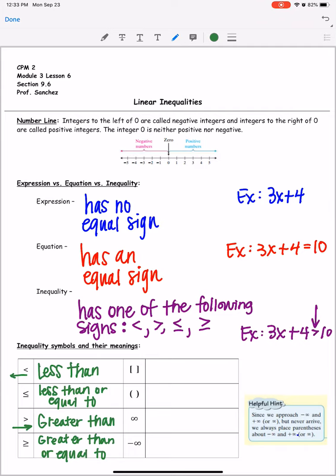So here we have brackets, and when we get into graphing these, our brackets go with these ones with the lines under them. That's going to go with your greater than or equal to and less than or equal to. I said those backwards, but it goes with your less than or equal to and your greater than or equal to.